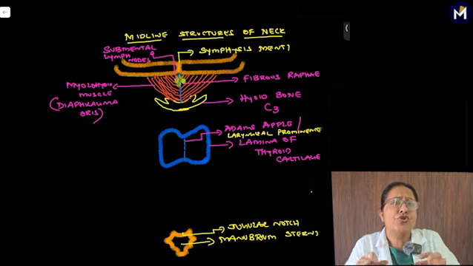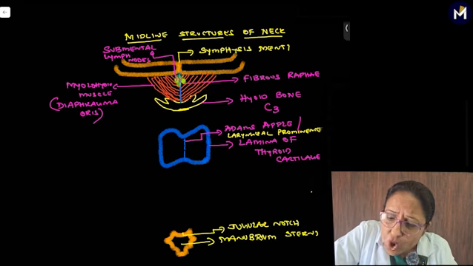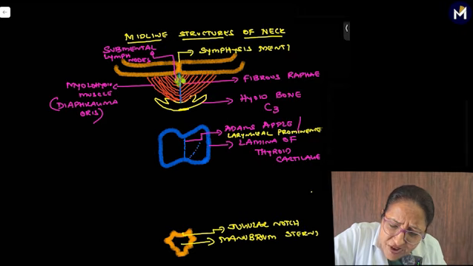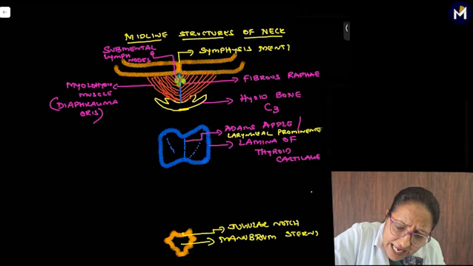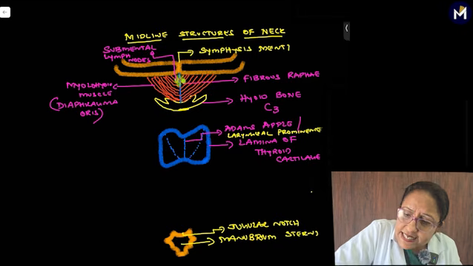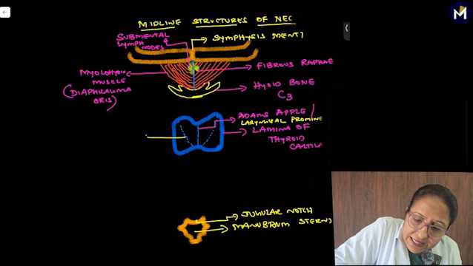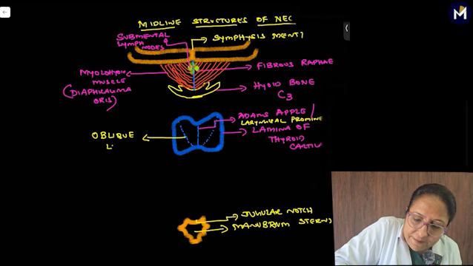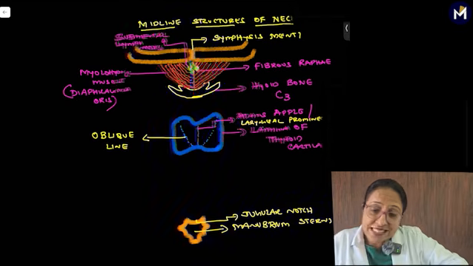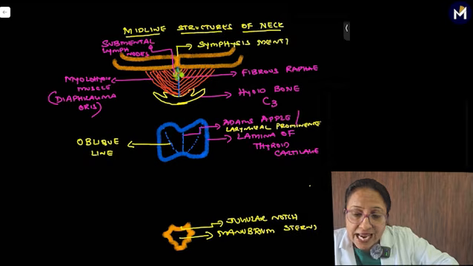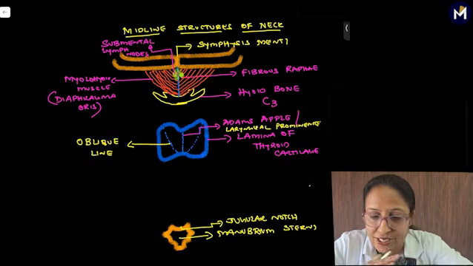Also, I would want you to remember right now that on this thyroid lamina, there is a faint oblique line like this. So this is oblique line, which is present on the thyroid cartilage on each lamina.